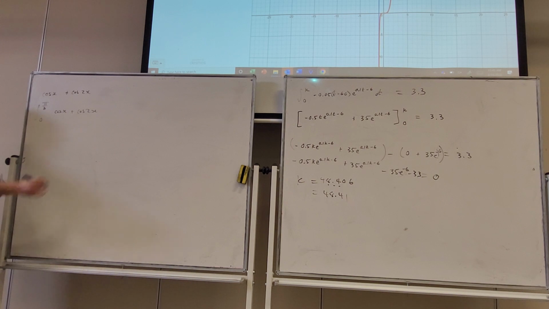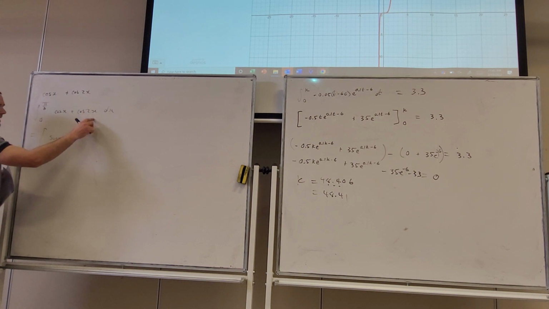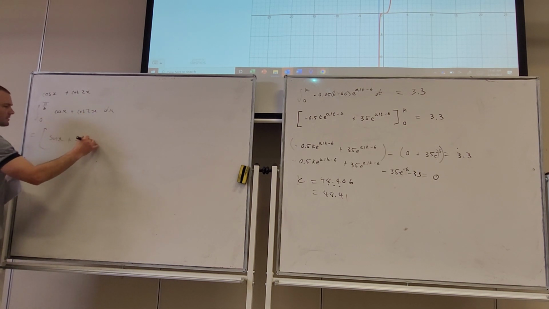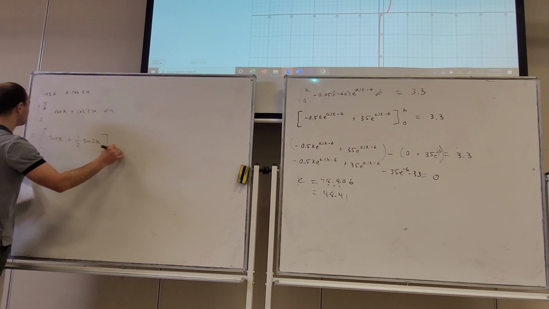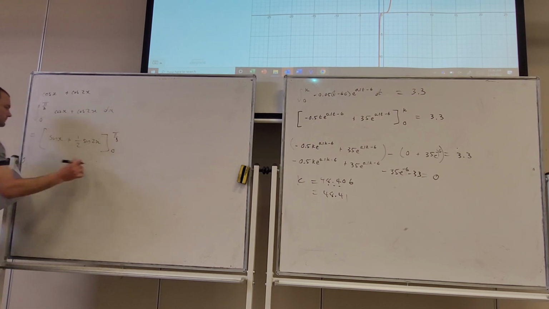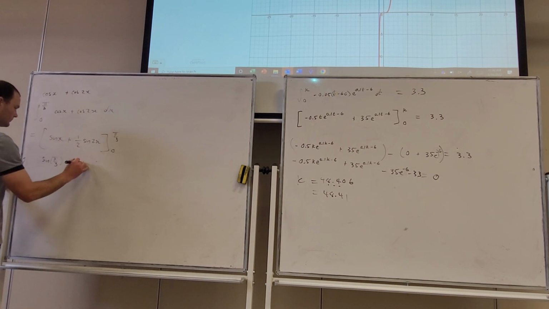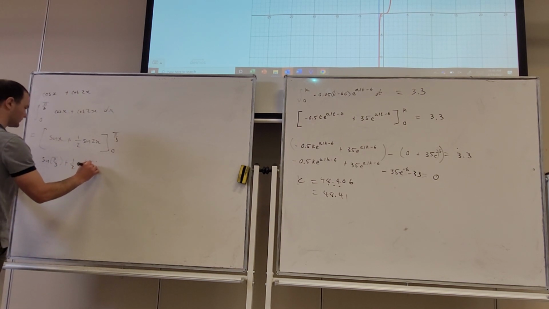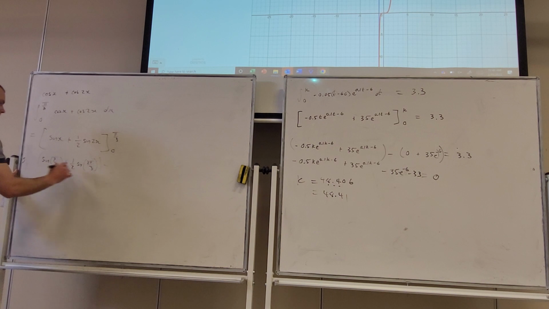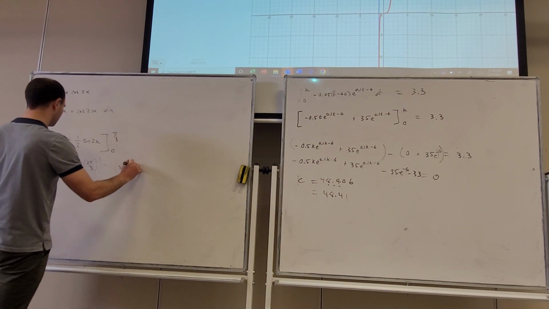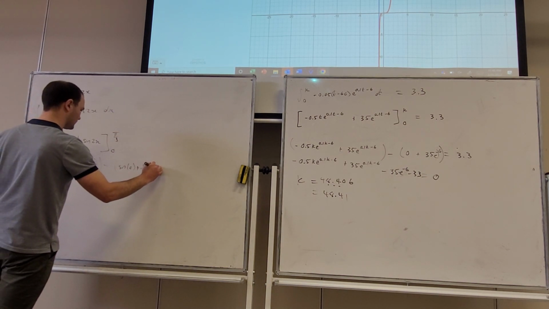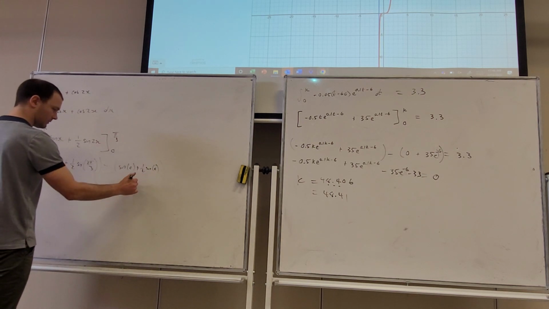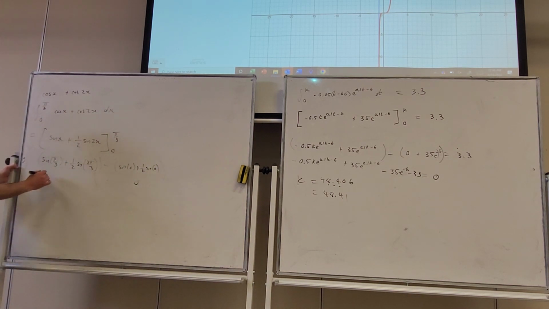Okay, so we're just going to be processing that. Integral of cos x is sine of x, and integral of cos of ax is 1 on a sine of ax. From 0 to pi on 3. Sine of 0 is 0 here.